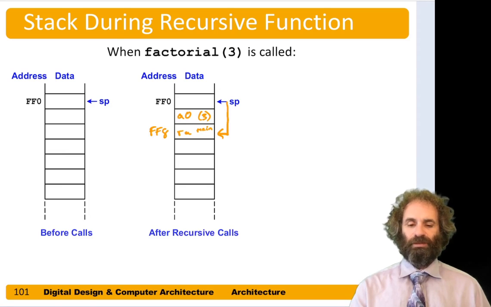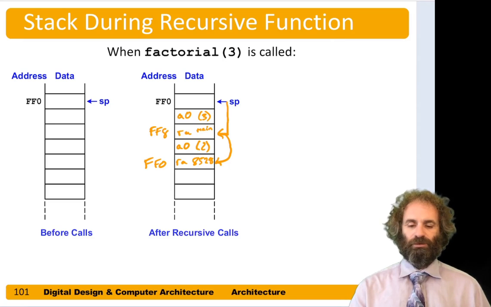Now factorial of 3 is going to call factorial of 2, and so we need to move the stack frame again to FF0 and store away A0 from the second call, which is now 2, and the return address, which is now 8528, or to return to factorial of 3.